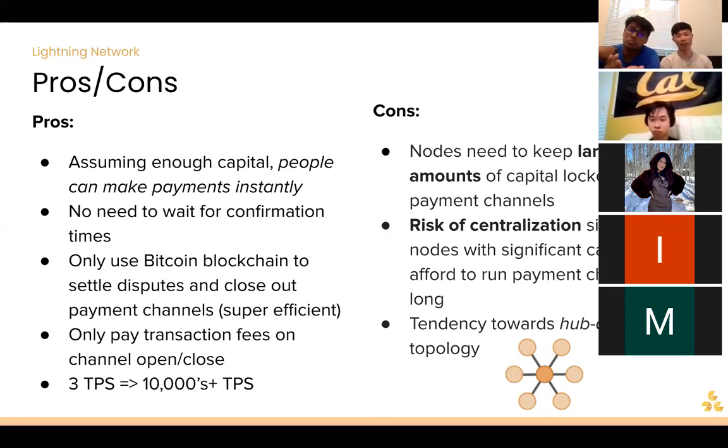Then there would be a cut in the graph, and the network wouldn't be as connected as it used to be, which could lead to latency issues or payment errors. So centralization in this case is a very big risk, but there are ways the network is working towards preventing this type of centralization.